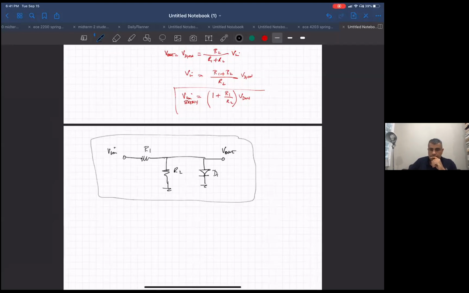Now, in one case, we looked at the case where Vn is very negative, from minus infinity to some point, to the breakpoint. So we said the input is very negative, and we redrew another circuit.